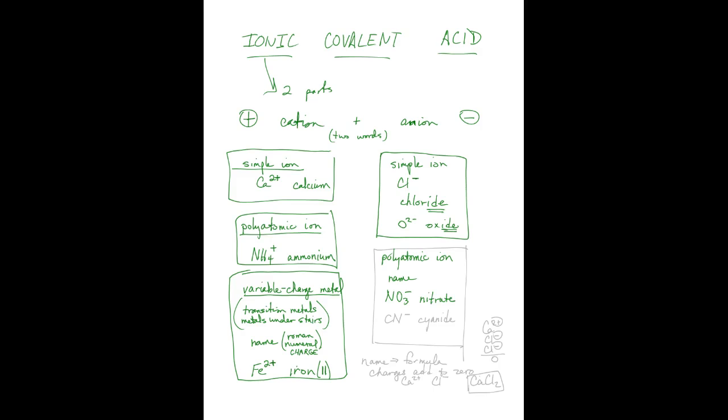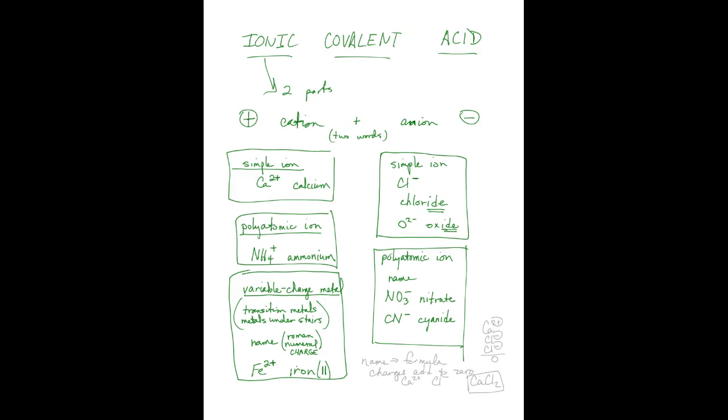And we find out that's nitrate. We don't change the end, we don't do anything to it. All we do is just write the name down. If we have CN-, cyanide, that's the name. Cyanide is the name, then we write it down. So that's the other option we can have for the anions.